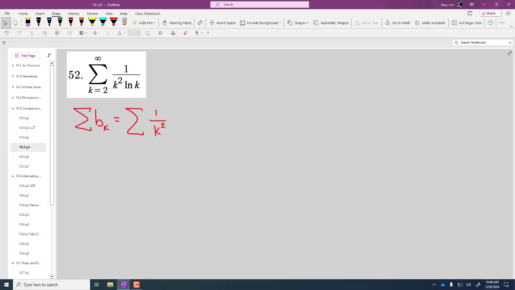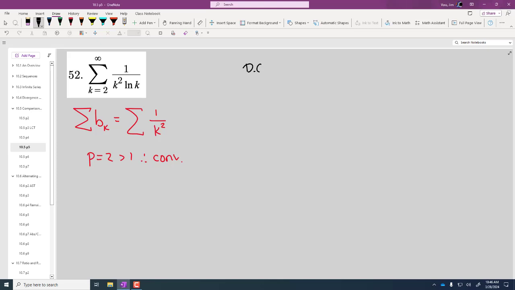Let's see. So this is a p series with p equals 2. It's bigger than 1, therefore converges. So we suspect that this series converges. That denominator is going to go to infinity even faster than just k squared, so that's what we suspect.